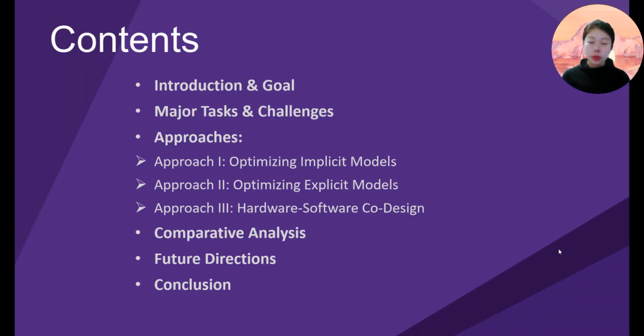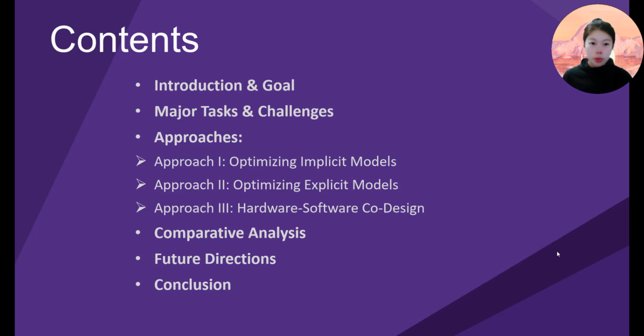Let me start with a quick overview of what I'll cover today. This presentation is organized into several parts. First, I'll introduce the background and the main goal of this survey. Then I'll explain the core tasks and hardware challenges when deploying these models in real systems.